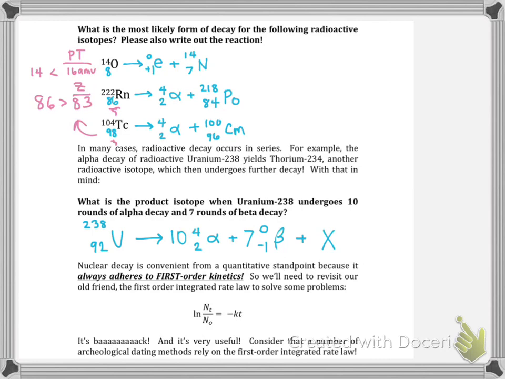So it's going to be the same logic that we used up there. We need our mass number to be the same on the left as it adds up to be on the right. We need our atomic number to be the same on the left as it adds up to be on the right. So for the alpha decay, we're going to lose a total mass number of 40 when we take the 10 into account. And we're going to lose 20 protons.